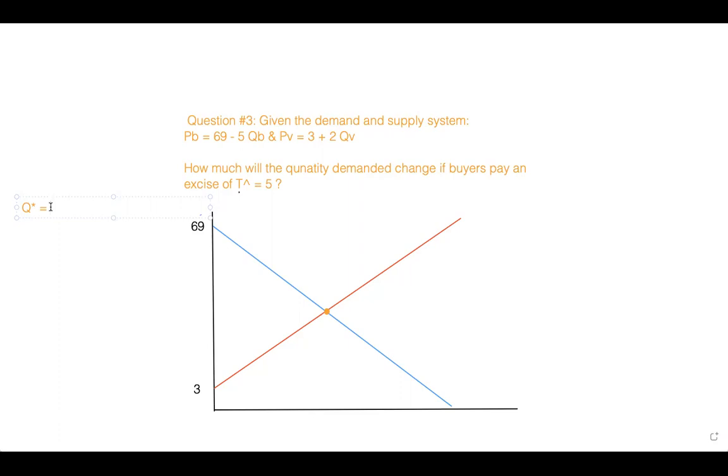For Q star, I got 9.4. Yeah. German, what did you get? I got 13.2 initially, but. Okay. So how did you get 13.2 for Q star? Oh, I just did it wrong. Okay. Well, do you know how to do it the right way? Yeah. I looked at my mistake.